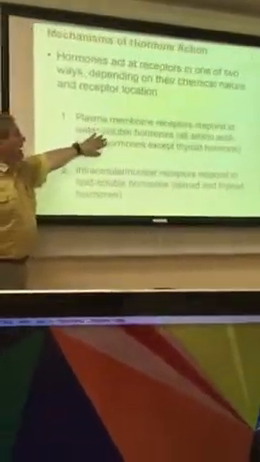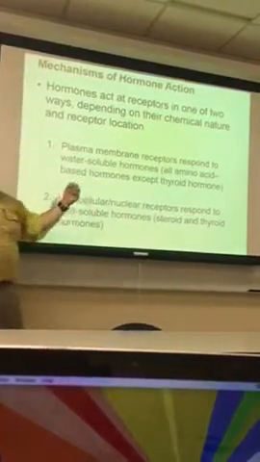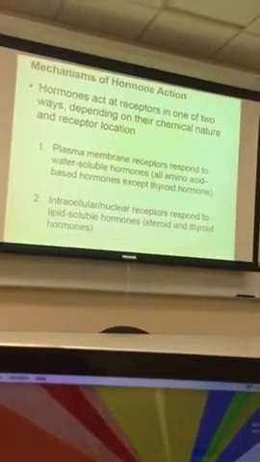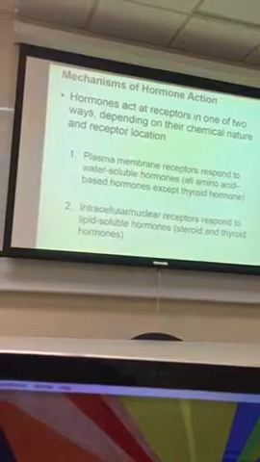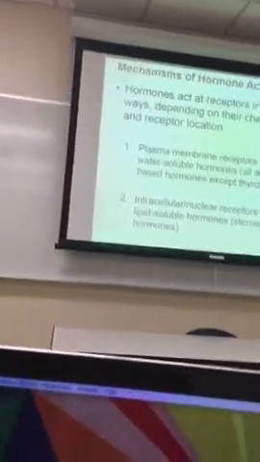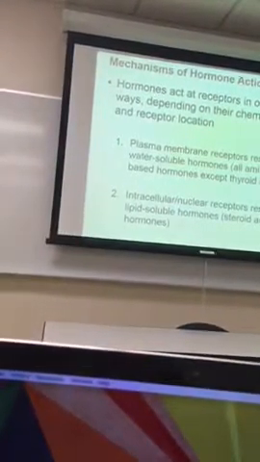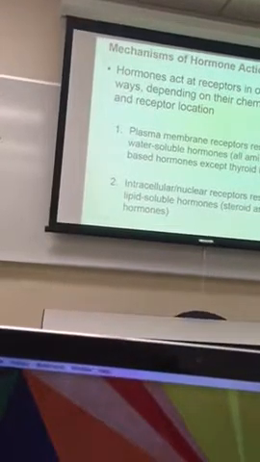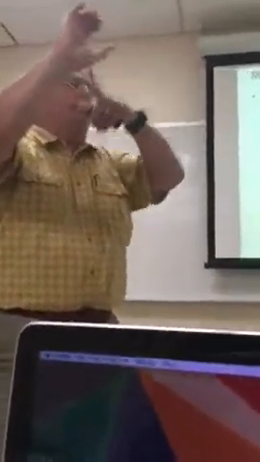That's one way. Plasma membrane receptors are the type that we see with the water-soluble type of hormone, which is amino acid derivatives, polypeptides, proteins. If it helps, once we get into the polypeptide size and the protein size, cells can't make holes big enough to allow those to pass through.